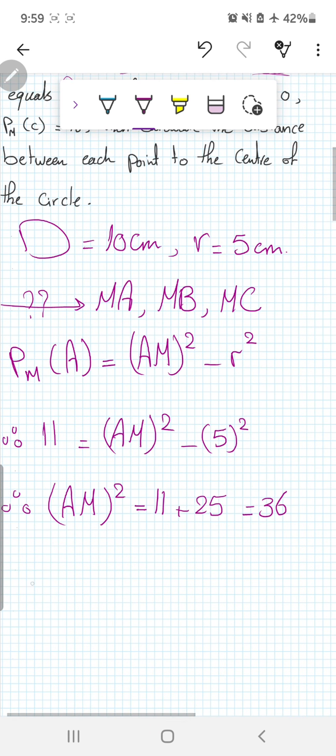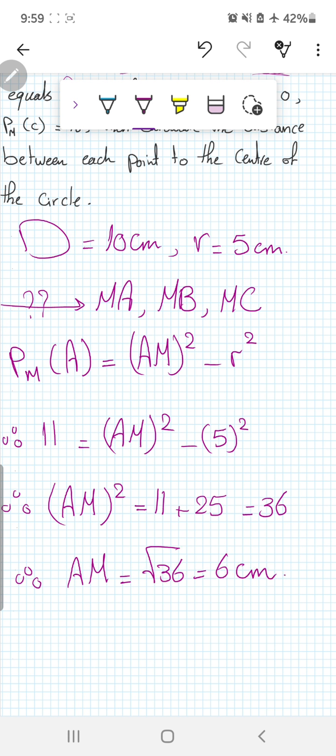We want to get the value of AM, so take the positive square root, because we talk about length. The positive square root of 36 is 6, so the length of AM is 6 centimeters.